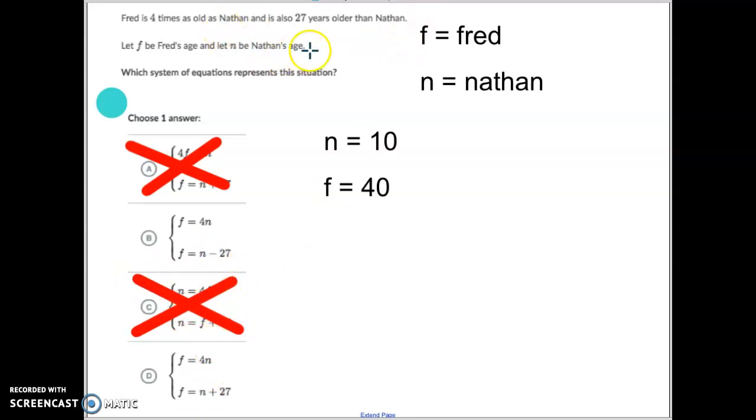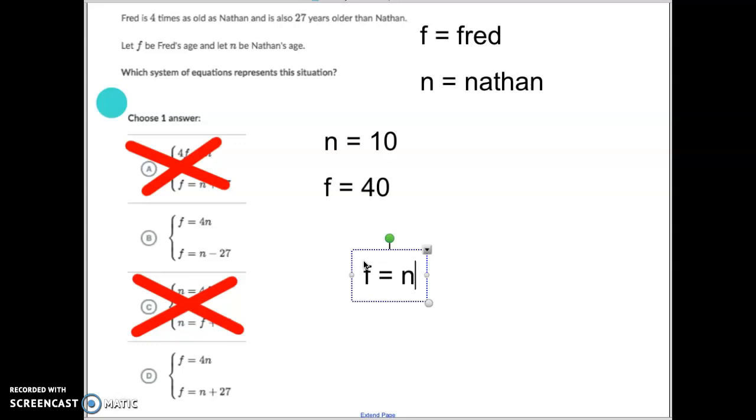Then, next thing. Fred is 4 times older than Nathan, and he is also 27 years older than Nathan. So think about that. Obviously the years I put here are not correct. But Fred is 27 years older than Nathan. So let's pretend Nathan was some age and Fred is 27 years more than that.